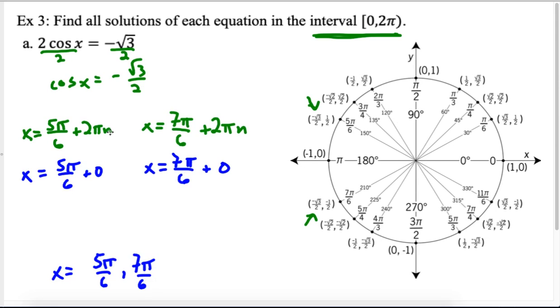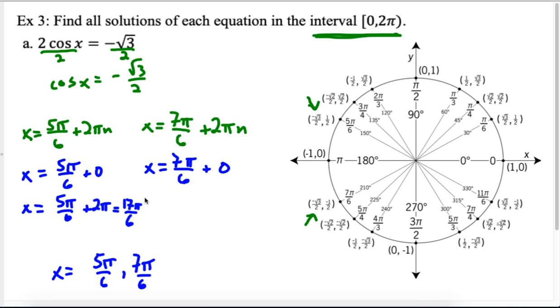Okay? If I plug in 1, right, we'll have 5 pi over 6 plus 2 pi. Well, if I convert this or get common denominators, right, this would be 12 pi over 6. So 5 pi over 6 plus 12 pi over 6 would be 17 pi over 6.